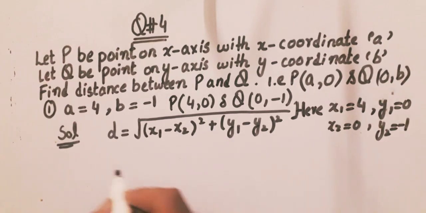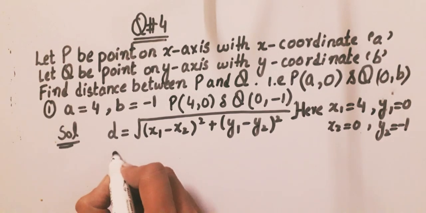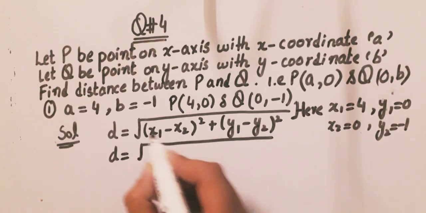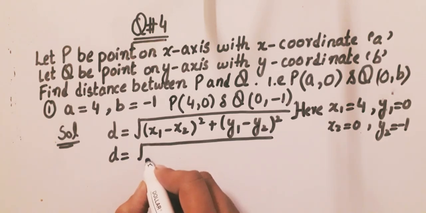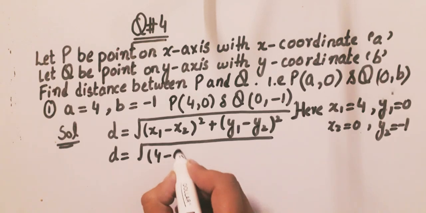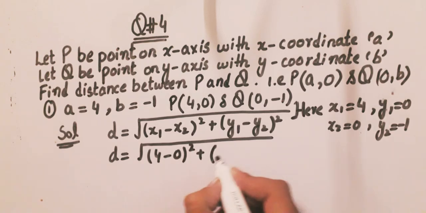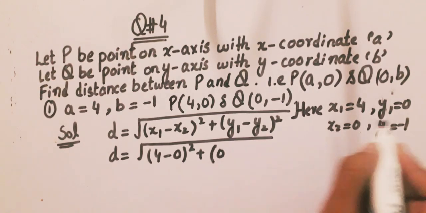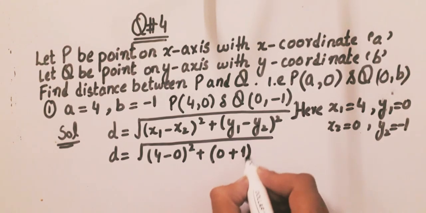Now we will substitute these values here. So d is equal to square root of x1 minus x2 means 4 minus 0 whole square and y1 minus y2 means 0 minus minus 1 will become plus 1 square.